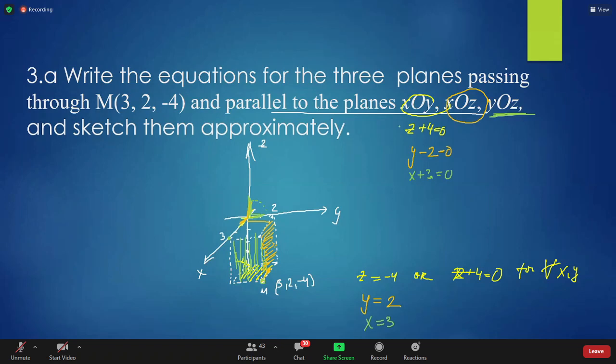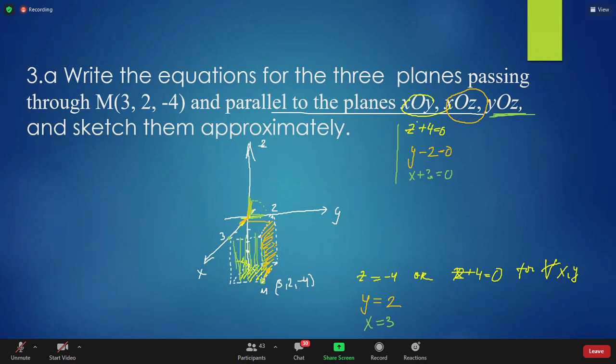First of all, given by these equations, we see that if a plane is parallel to a coordinate plane, that means that the value for one of the axes is a constant, and the other coordinates could be whatever.